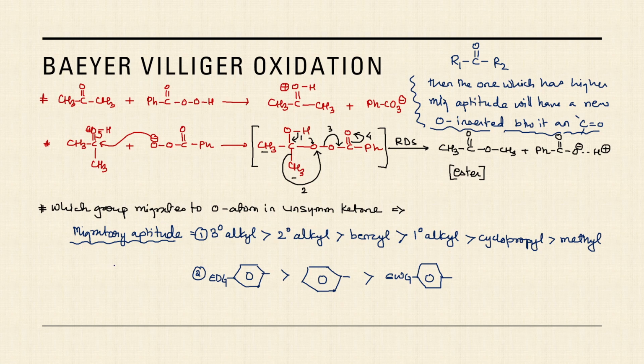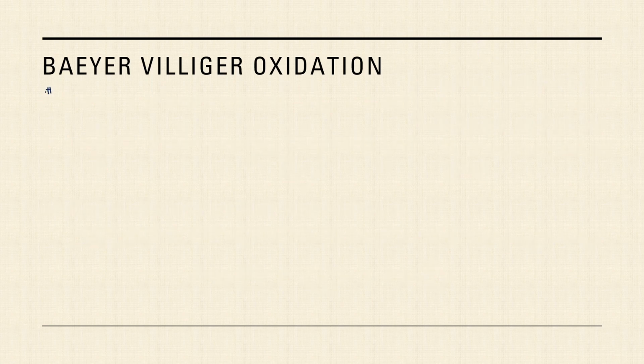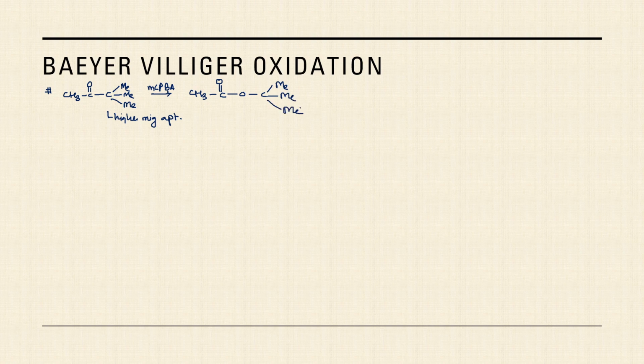Let us look at some examples. Suppose I take CH3 C double bond O, and a secondary alkyl group; this has higher migratory aptitude. So if you react it with MCPBA, then in the product formed, the oxygen will enter between the alkyl group with higher migratory aptitude and the carbonyl.